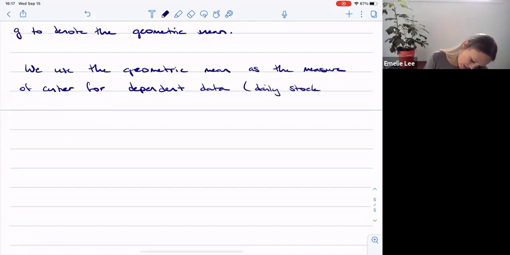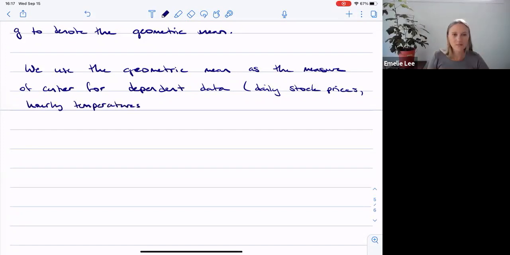I feel like temperatures, daily temperatures, or hourly temperatures if we want to mix it up. Our time measurement doesn't really matter. Things like that, right? So when you have this kind of dependency among your observations, then sometimes we'll use the geometric mean as a more appropriate measure of center.